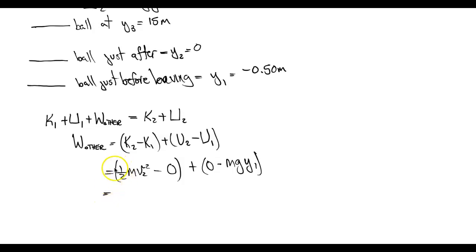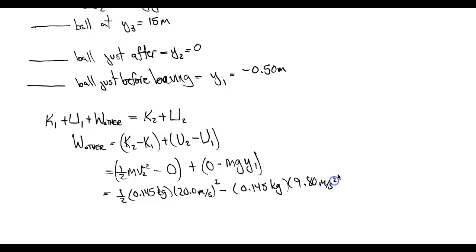So this equals 1/2 times the mass, which is 0.145 kilograms, times the velocity, which is 20 meters per second quantity squared, minus the mass, which is 0.145 kilograms, times g, which is 9.8 meters per second squared, times the height, which is the height that the ball went through before it leaves our hand.